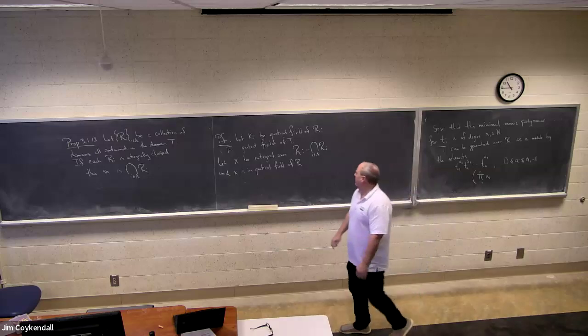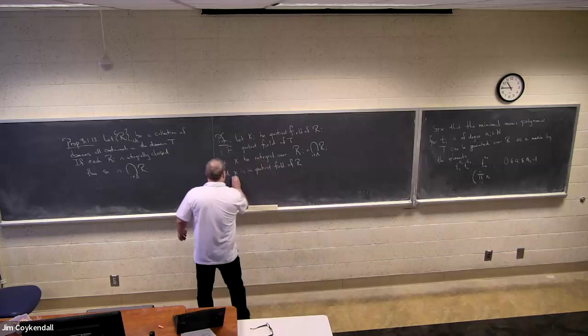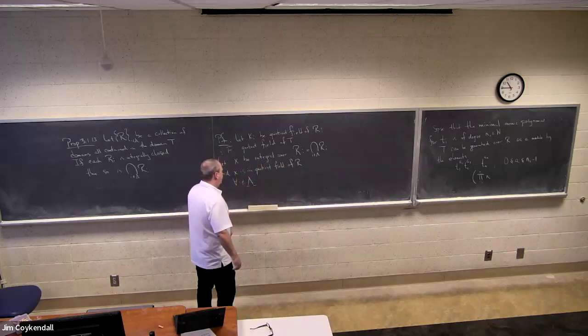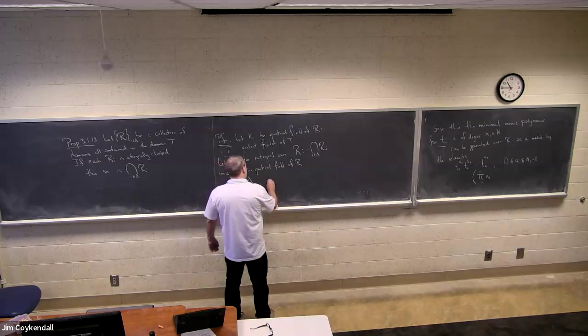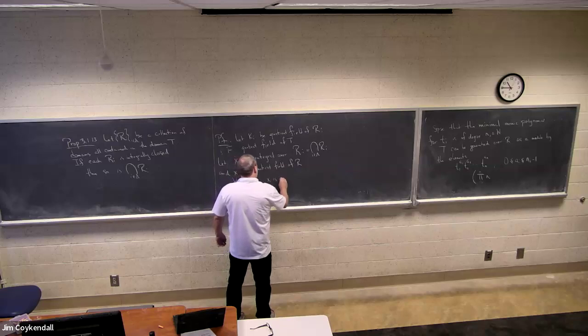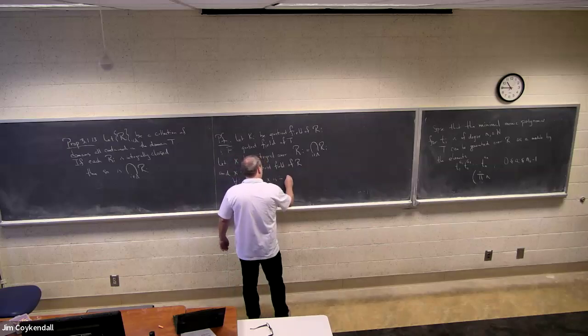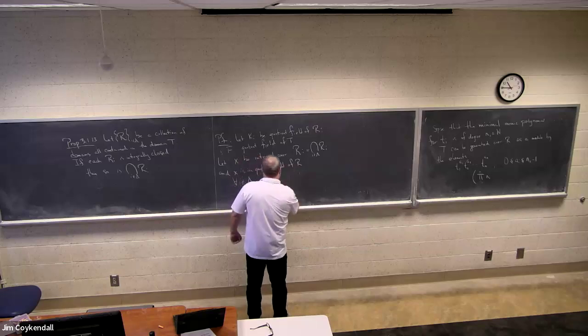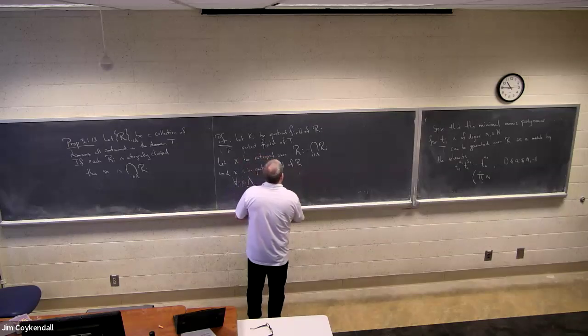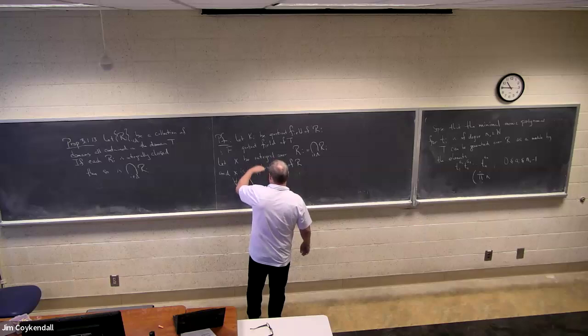So notice that for every i in this index set, X is in the intersection of all these Ki's.